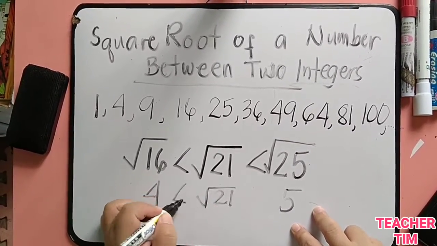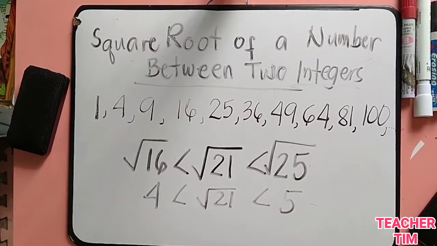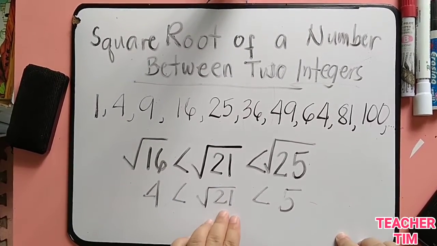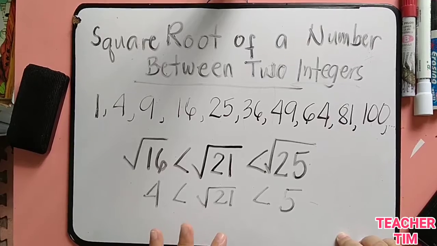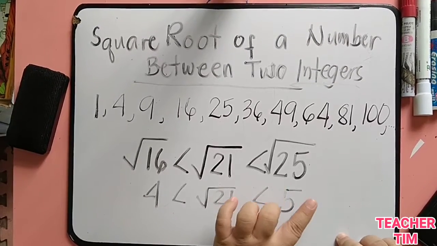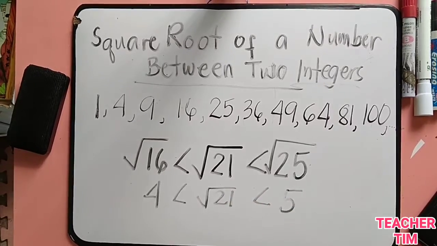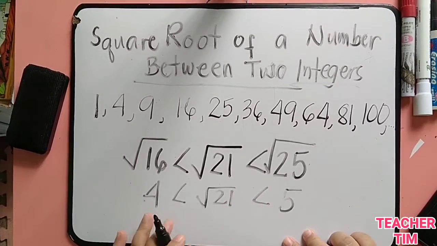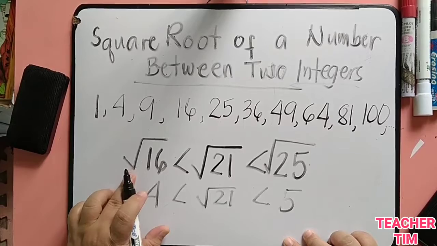So the square root of 21 in our estimation is 4 point something, which is not greater than 5. So the square root of 21 is in between 4 and 5.